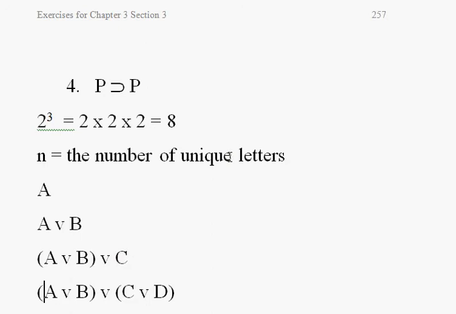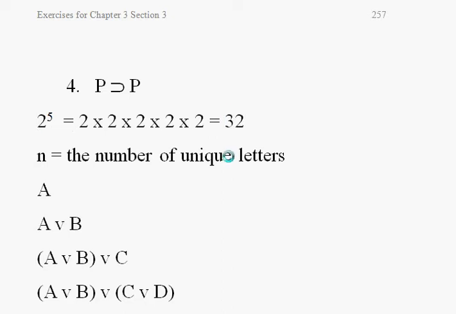And then if you come down here, A wedge B wedge C wedge D, with parentheses around it, that's 4 unique variables, which means you'll need 16 lines. And if you had a wedge E in there, it would be 5 variables, which would be 2 times 2 times 2 times 2 times 2, which would be 32.